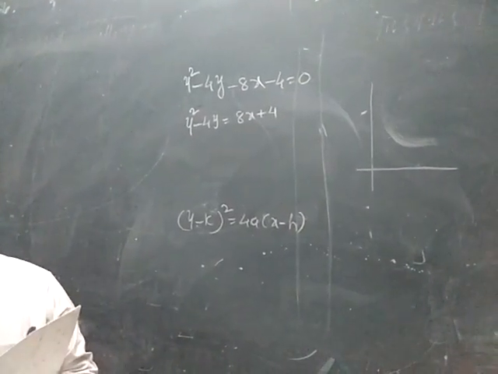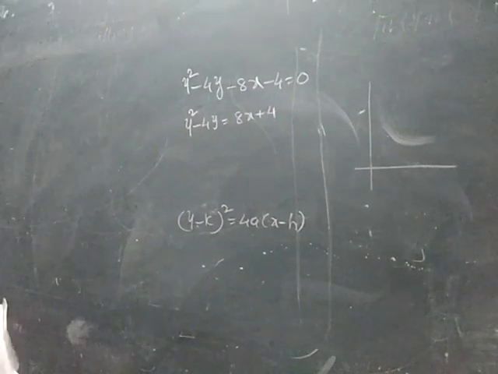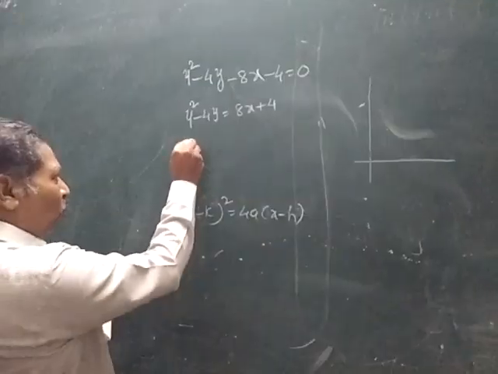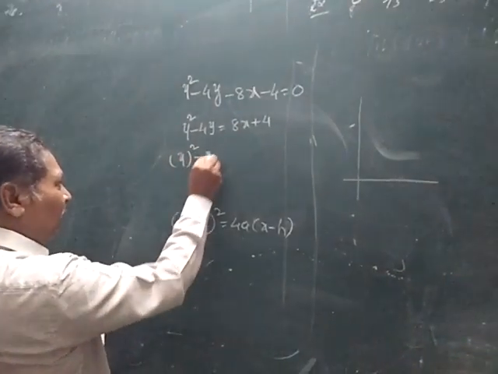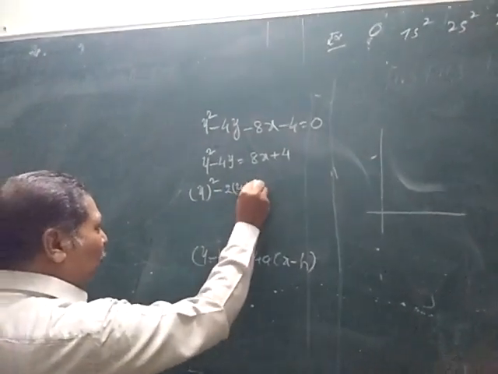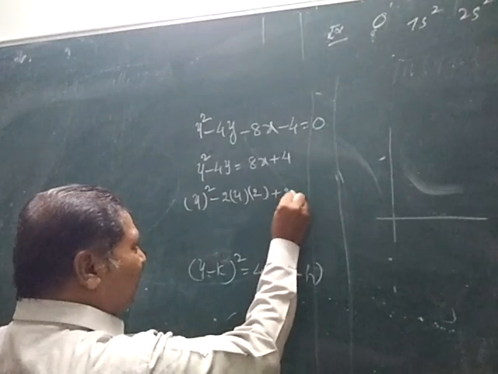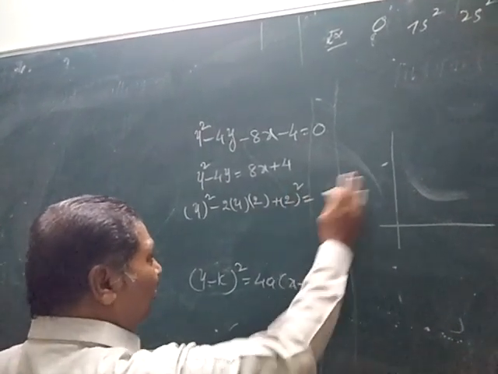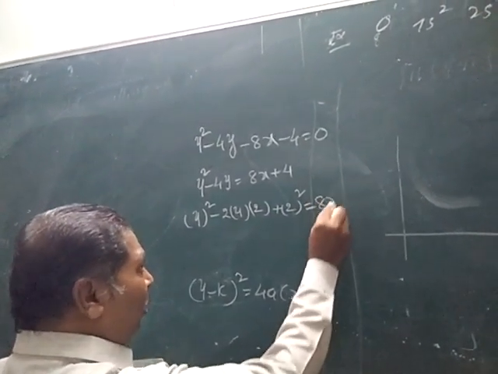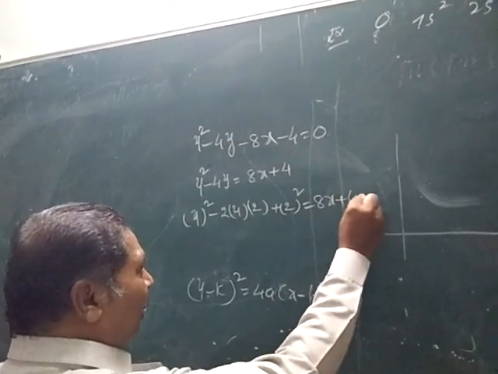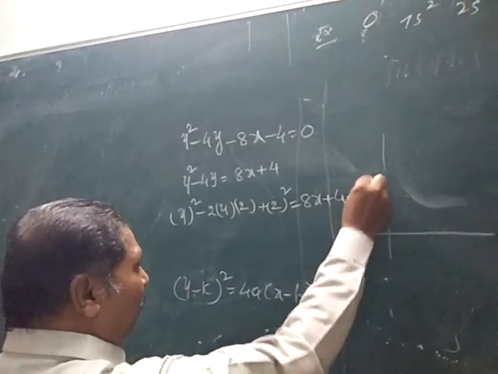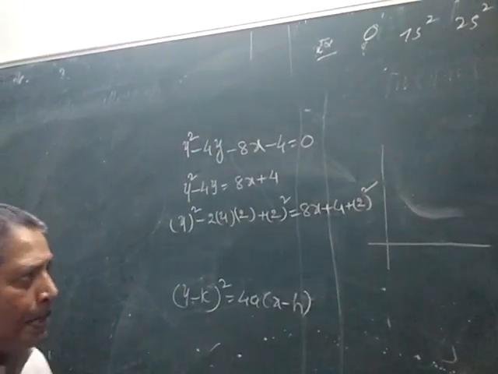Add b square on both sides: a square minus 2ab plus b square equal to 8x plus 4 plus b square.